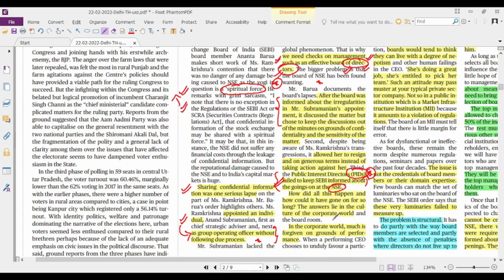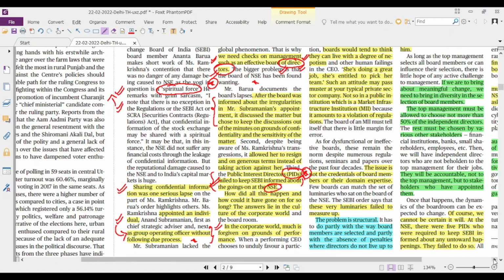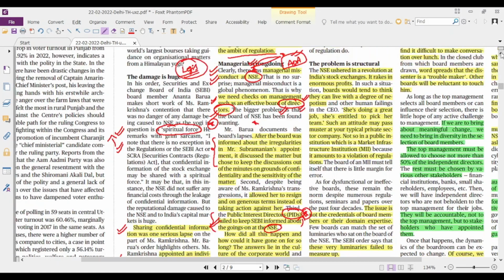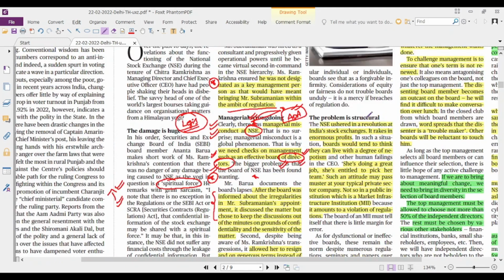And the problem for this is that in the corporate world, too much importance is given to performance. If you perform well, if you are doing your job well, even if you commit small mistakes, it would not be that serious according to the board. The author says this is exactly the mistake, because this is not the case of a private company.